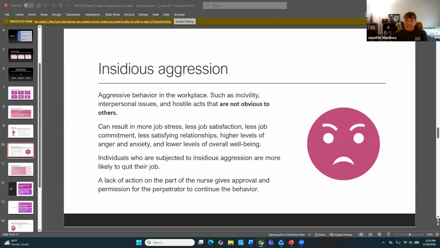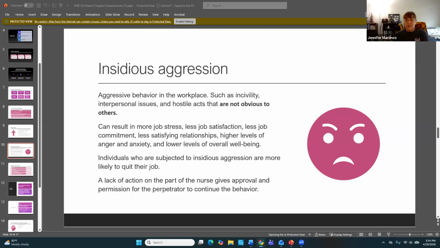Insidious aggression. So we'll look at insidious aggression, aggressive behavior in the workplace. Okay. This is more your nurse to nurse, nurse to manager, but it's usually within the workplace. These are things like incivility, interpersonal issues, and hostile acts that may not be obvious to others.